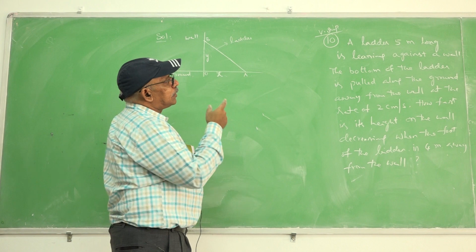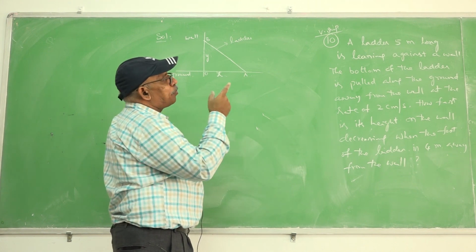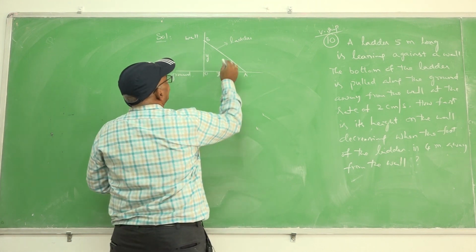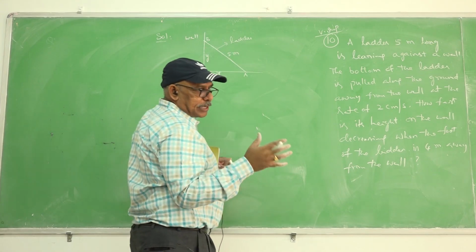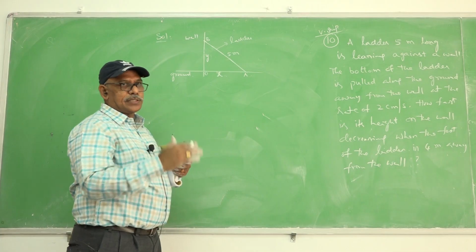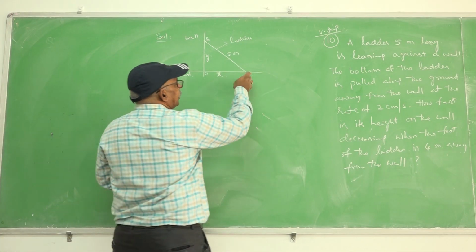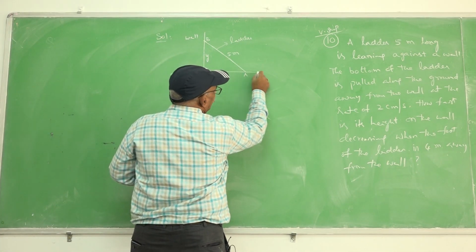The length of the ladder is given as 5 meters. This is 5 meters always, because the length of the ladder does not change. It is always fixed.